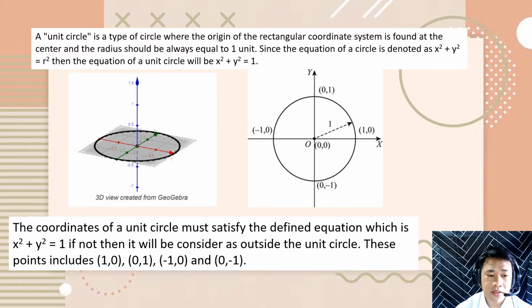The coordinates of a point on the unit circle must satisfy this equation. If not, then it will be considered as not on the unit circle. These points include (1, 0), (0, 1), (-1, 0), and (0, -1).